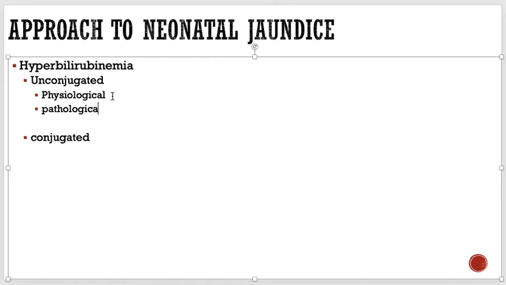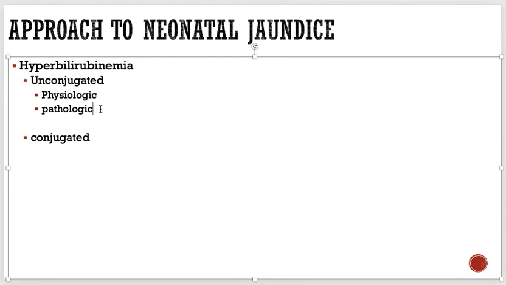Either it is physiologic jaundice or pathologic jaundice. Of course we will discuss physiologic jaundice first. It is a normal physiologic process, because the lifespan of the RBCs is less and the liver is not mature enough, so these babies get physiological jaundice.